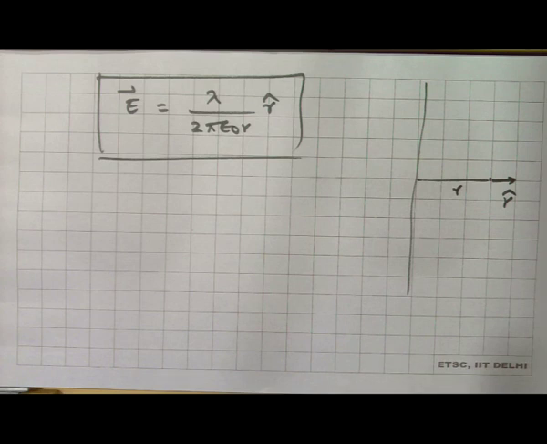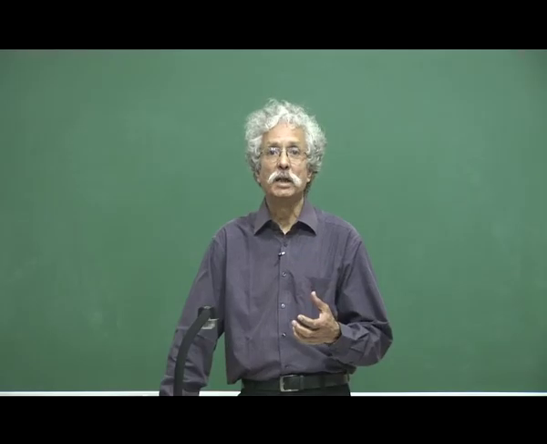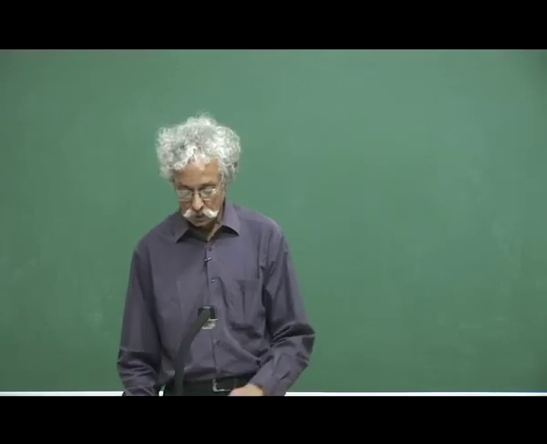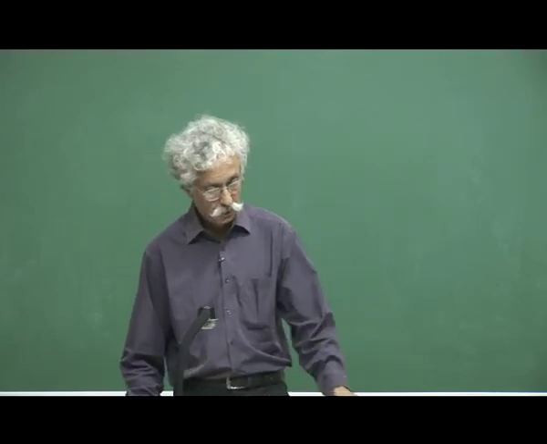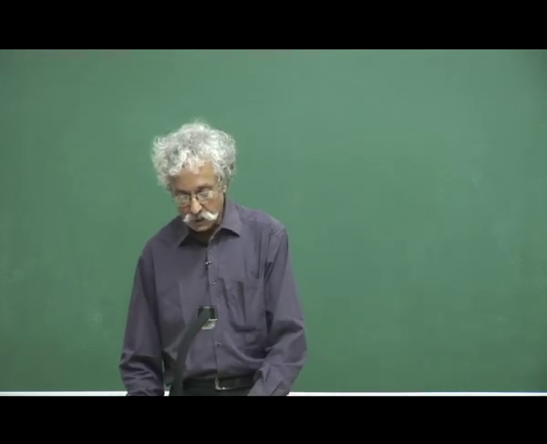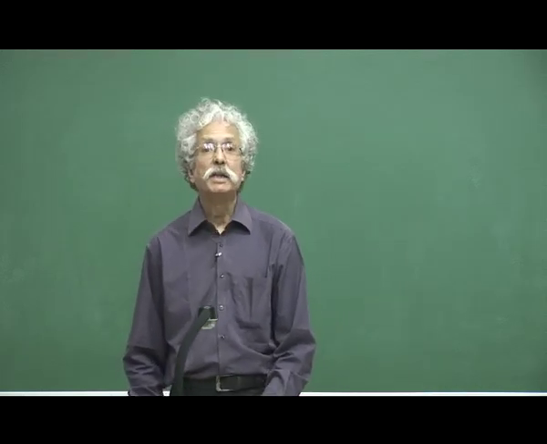I am finding out from the symmetry arguments what could be the orientation of the electric vector. I am then taking a Gaussian surface on which the electric vector magnitude remains constant, and that helps me pull the electric field out of the integral in Gauss's law and helps me calculate the electric field using Gauss's law. So, this is a very powerful method to calculate, especially when there are symmetries in the system.